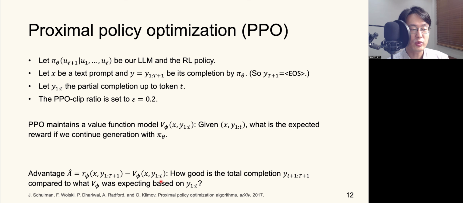So here's what the advantage estimate measures: how good is the total completion compared to what the value function was expecting based on the partial completion? Maybe the partial completion initially looked kind of fishy, but it turned out to be a good completion, in which case the advantage estimate would come out to be a large number. Conversely, maybe the initial partial completion was looking good, but in the end, the total completion turned out to be a disaster, in which case the advantage estimate would come out to be a negative number.